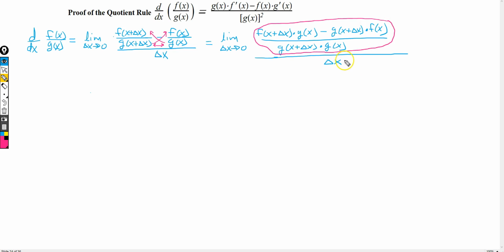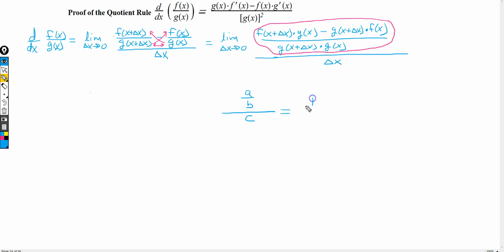And then the delta x is our denominator. So now we're going to do a little simplification. We're going to pull the g of x plus delta x times g of x out, sort of using a rule like this. We're looking at this as a over b divided by c. So the a is this, the b is the g times g, and the c is the delta x.